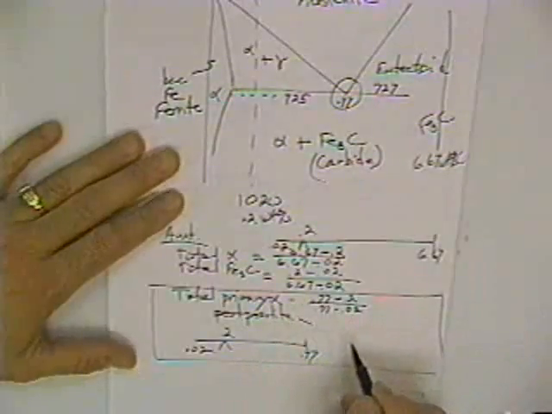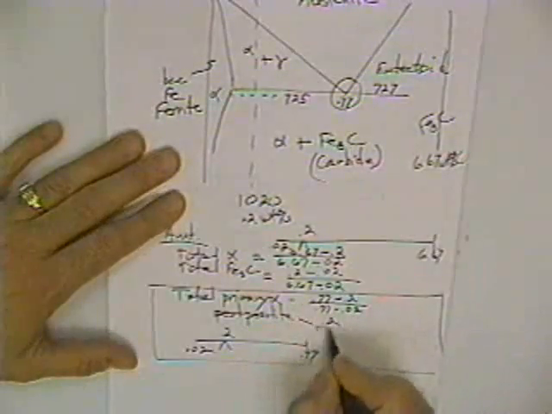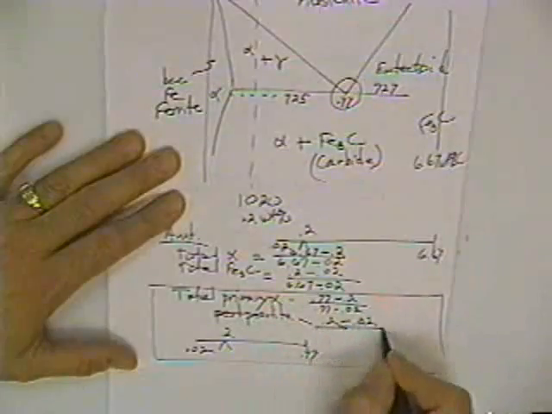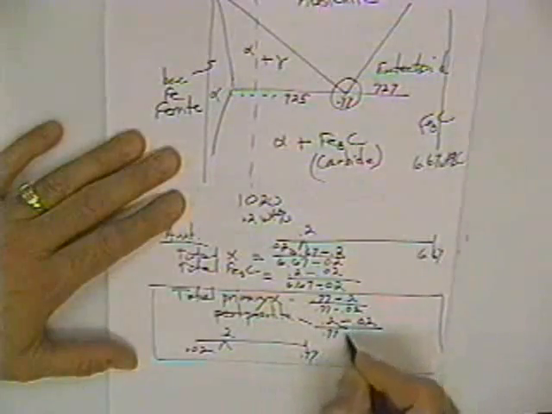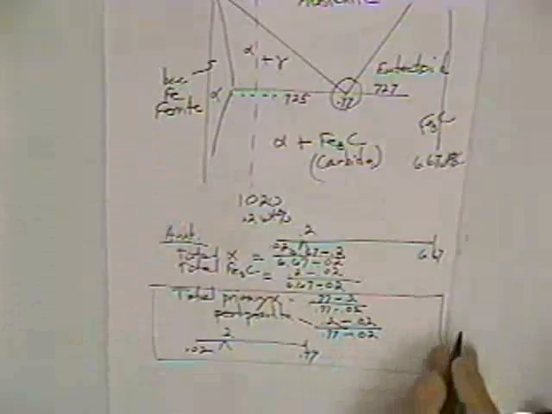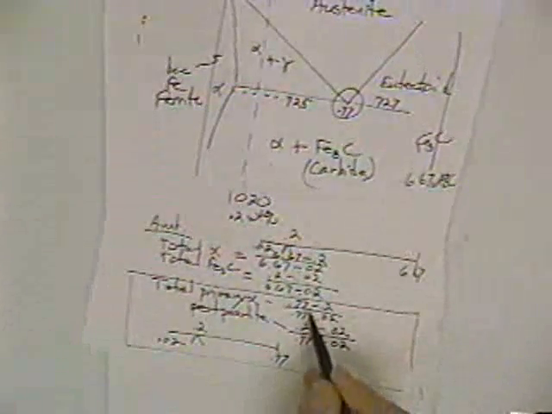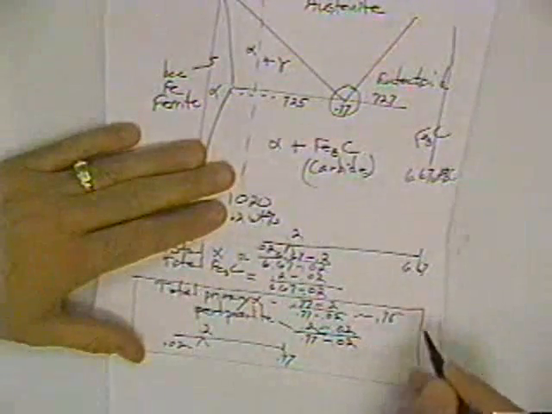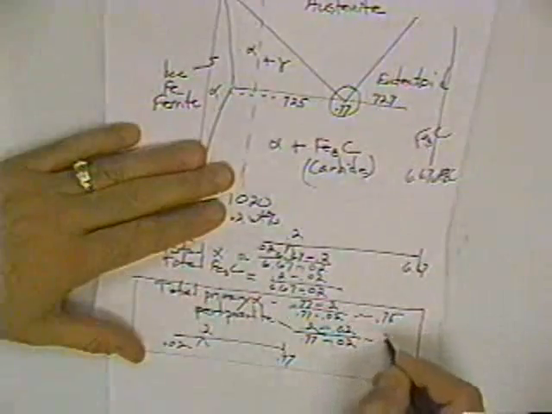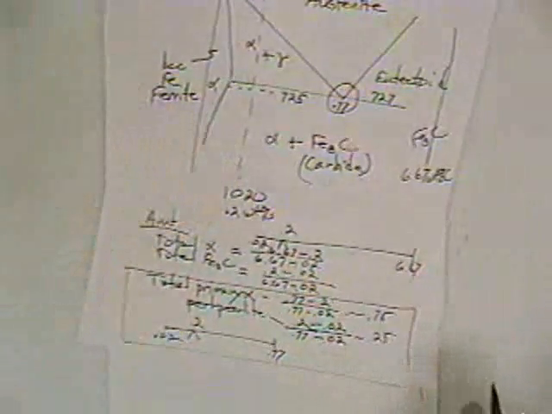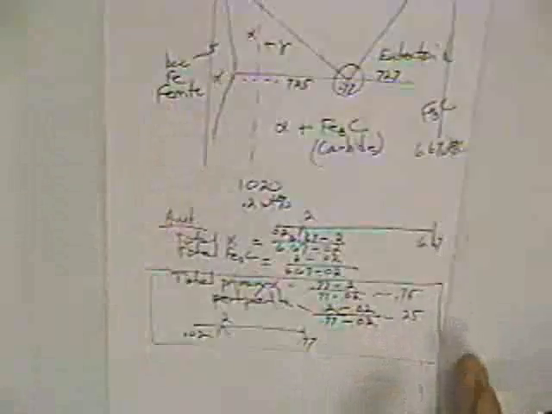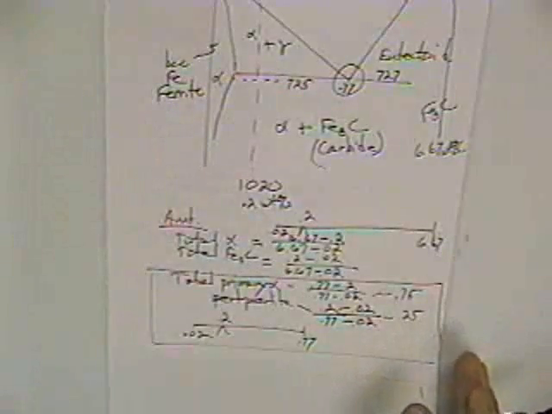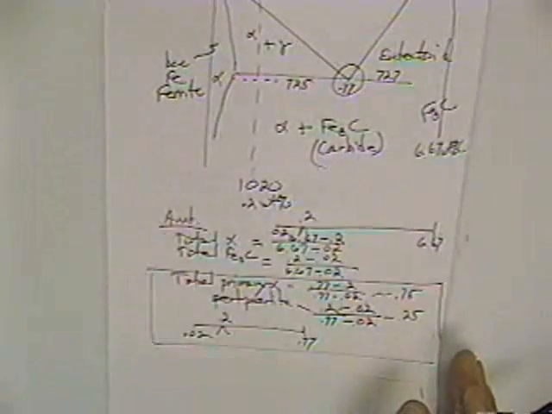The amount of perlite would be 0.2 minus 0.02 over 0.77 minus 0.02. And let's see, that'd be 57 over 75, so it looks like it'd be about 3/4, about 0.75, and perlite about 0.25 on that order. And let's just go ahead and draw the microstructure for ourselves so we would have an idea of what the microstructure would look like.